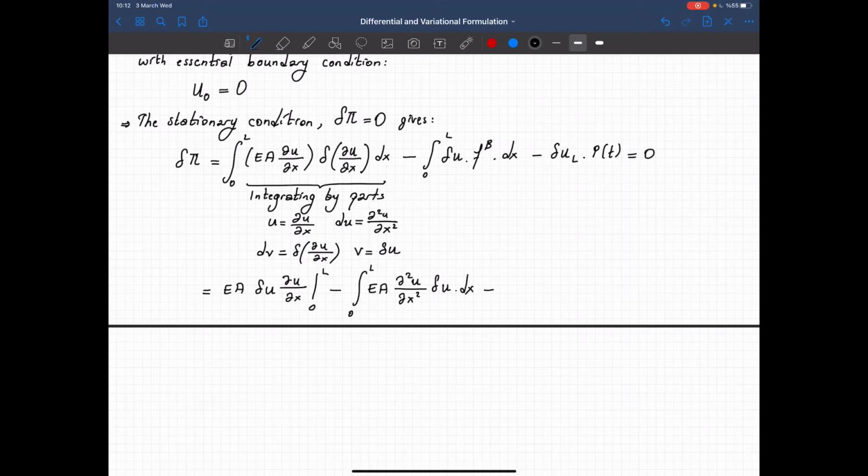Then I have the other terms: minus the integral from 0 to L of δu times F body force dx, minus P δu at L, must be equal to 0.